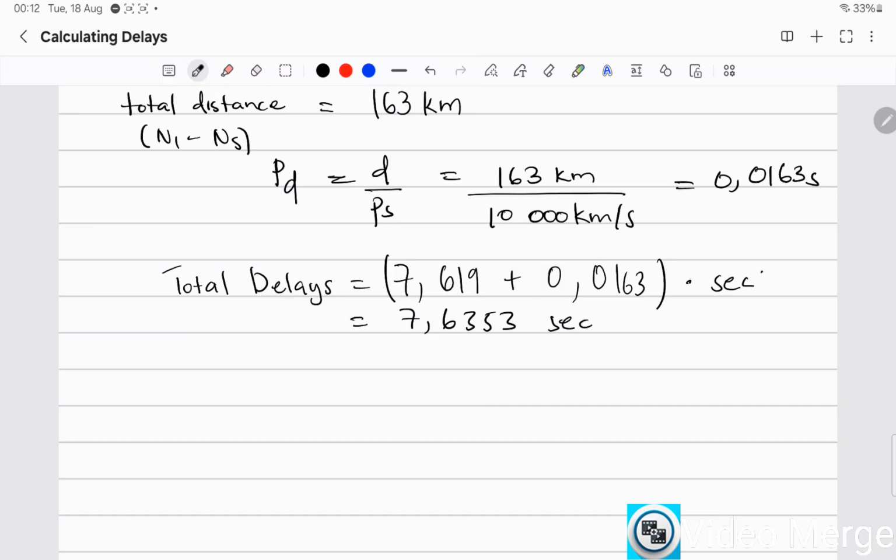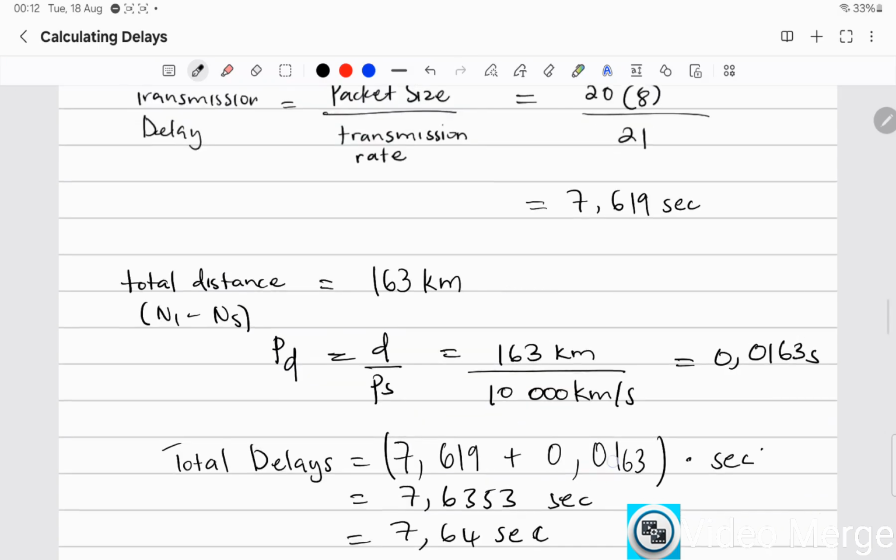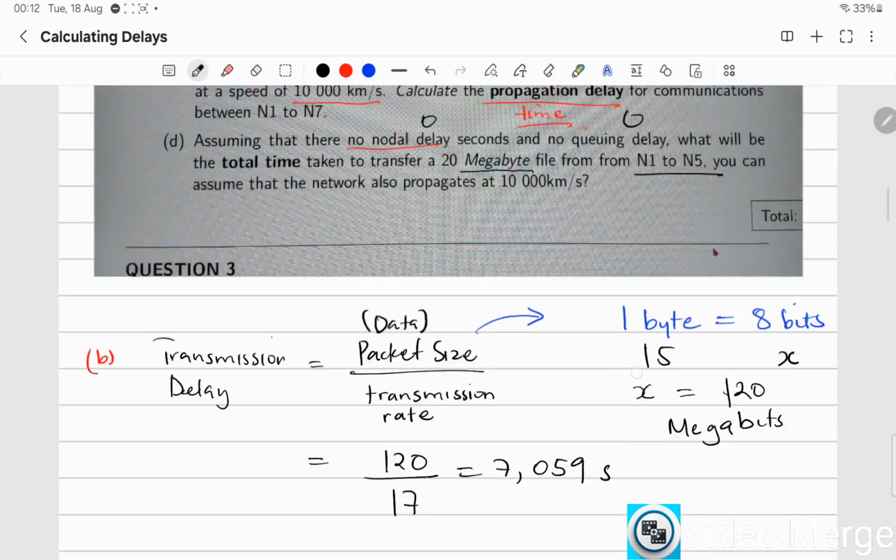If you're listening to the instruction, they say we should round off to the nearest 2, so I was going to write something like 7.64 sec here. So yeah, that's how you calculate these things.